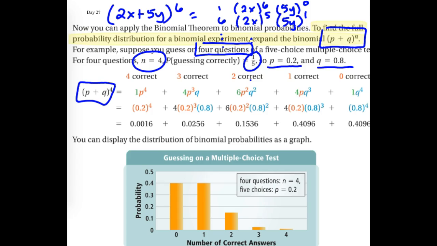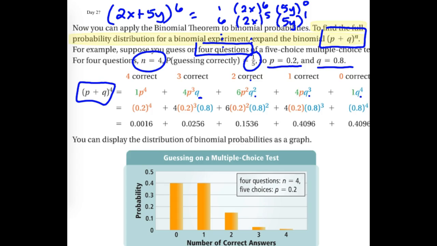So 4, then 3, then 2, then 1, then none. And then we have Q's, and they go in the reverse direction. So no Q's in the first one, then 1Q, Q squared, Q cubed, Q to the 4th. Yes? So that's the expansion. And now we're just going to plug in our 0.2s and 0.8s. So P is 0.2, so all of the red P's turned into 0.2s, all of the blue Q's turned into 0.8s, and we simplified it.